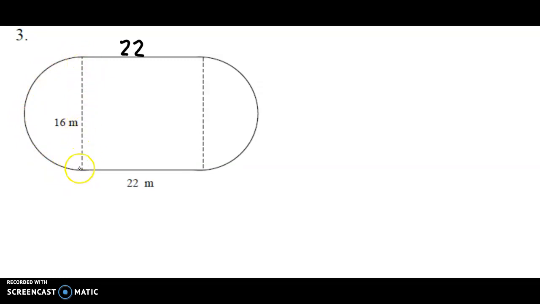So I know that this is a semicircle, so I'm going to use the formula for a semicircle to figure it out. And I have this line here. This line here is dotted because it's not part of the shape. It's only there to provide us with a measurement. 16 in a semicircle going all the way across is the diameter. Again, you have to know that for the formula. So I'm going to find this curved edge. So we're going to do C equals. Diameter was given, so it'll be pi d, and divide that by 2 because it is half.